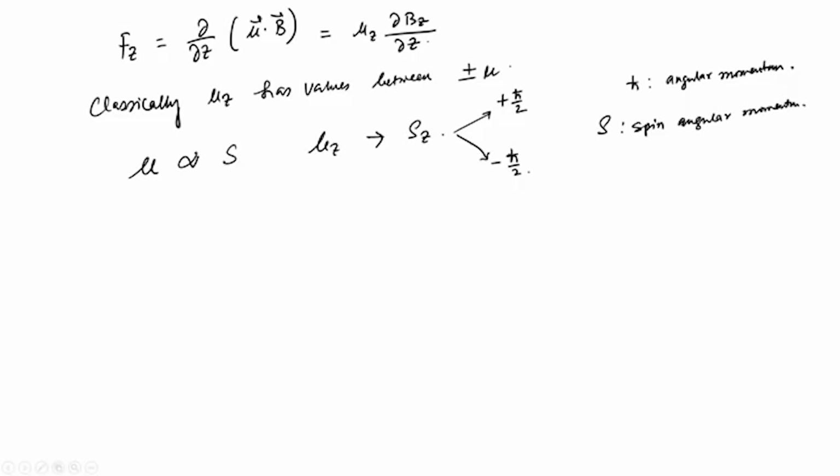Okay. And so h cross has a value which is 1.0546 times 10 to the power minus 34 joule second, and this is related to Planck's constant. This we are quite familiar with.